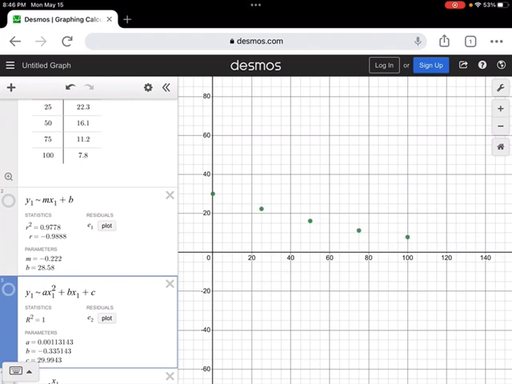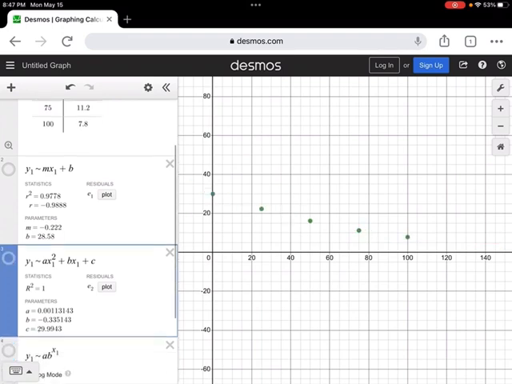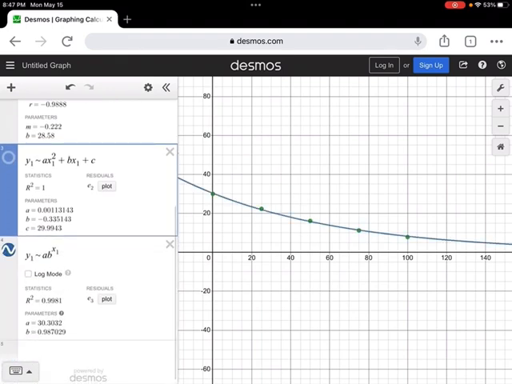Now if we go on and look at the quadratic, we notice here that this line is going perfectly through all of the data. So that makes sense with the correlation coefficient being 1. And if we move on to the exponential and look at that one, this one fits pretty nicely as well, but not as exact as the quadratic. So we are going to pick the quadratic model as our best fit here.